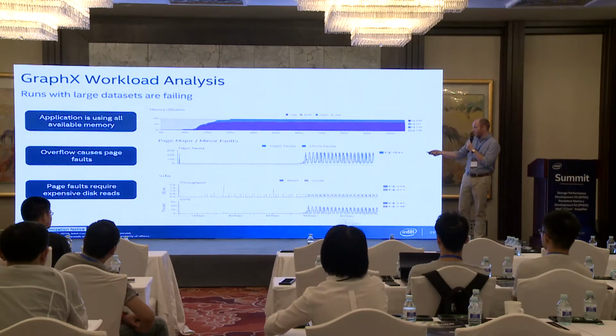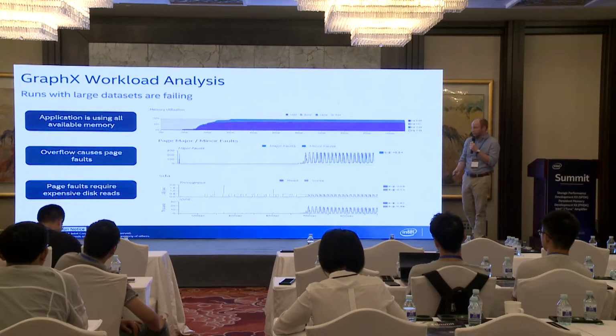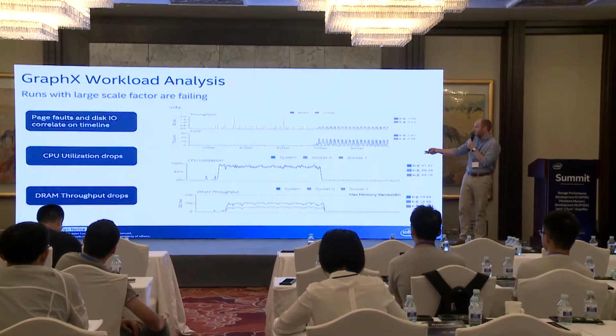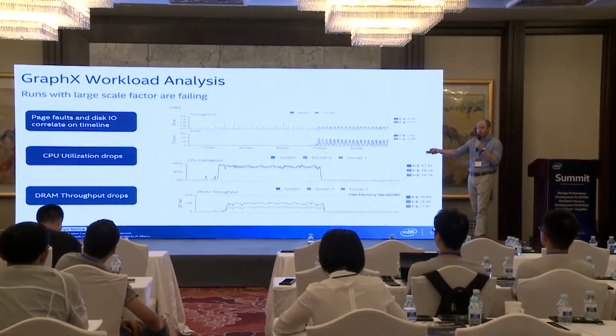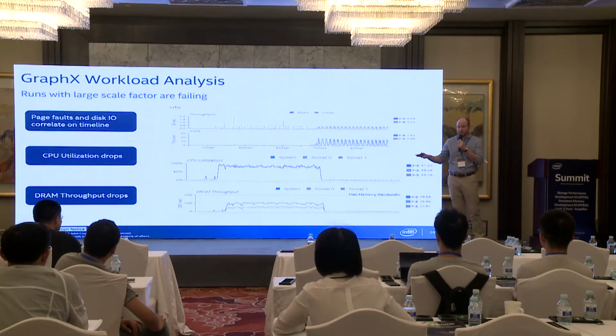We started swapping out to disk, getting page faults, and observing disk activity in a workload that's not designed for storage. We could also see that when the disk activity spiked, the CPU utilization dropped. CPU utilization is very important because 100% CPU utilization means the platform is running at peak performance.